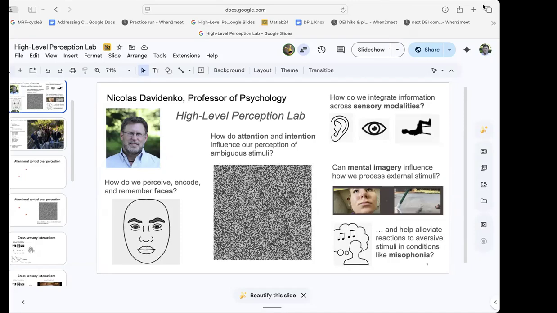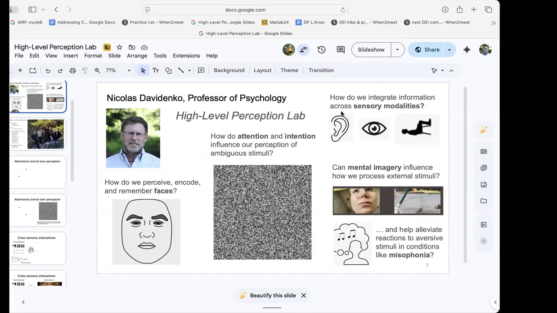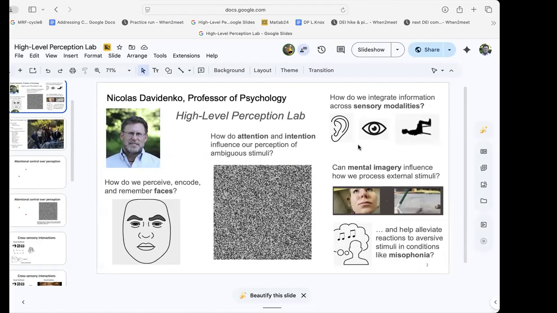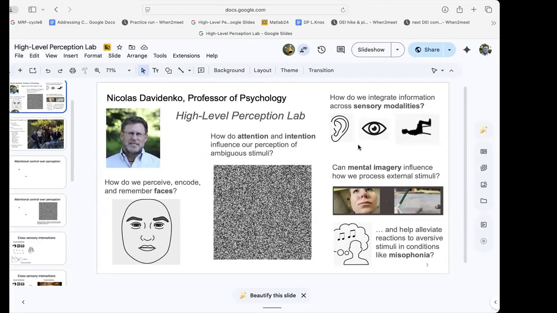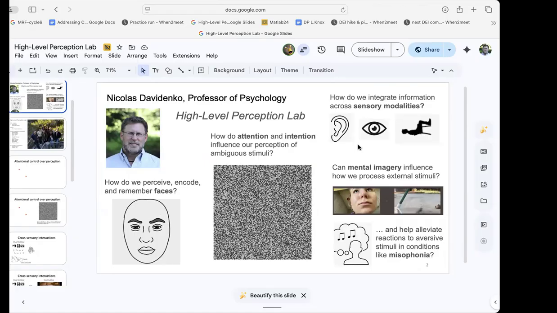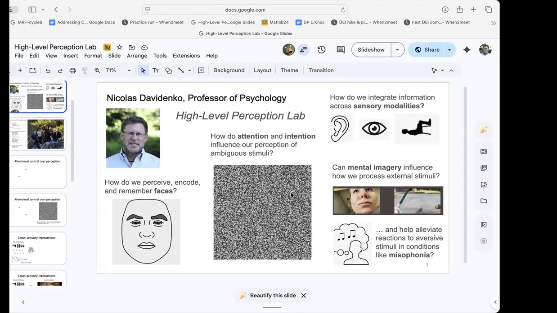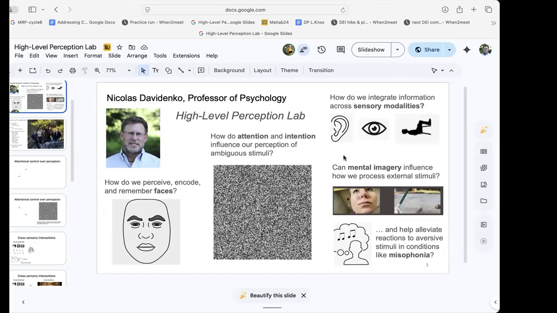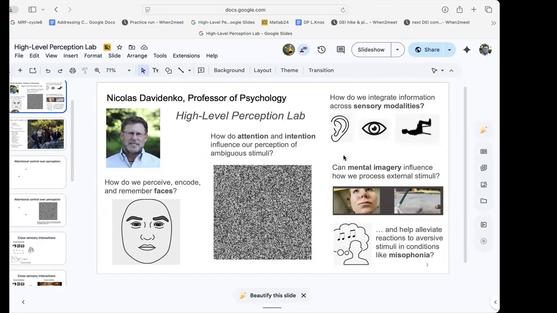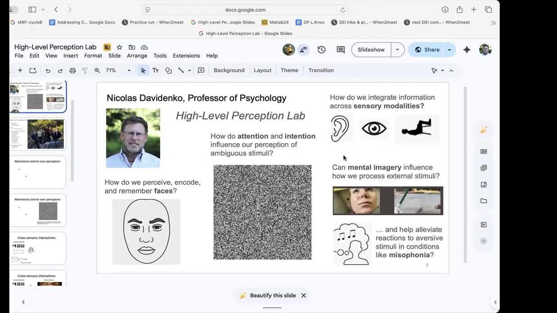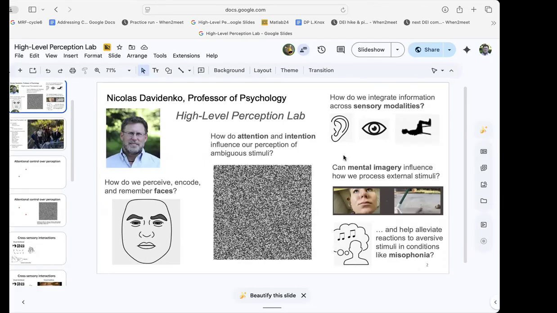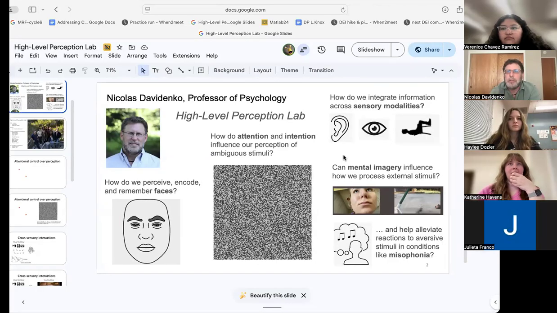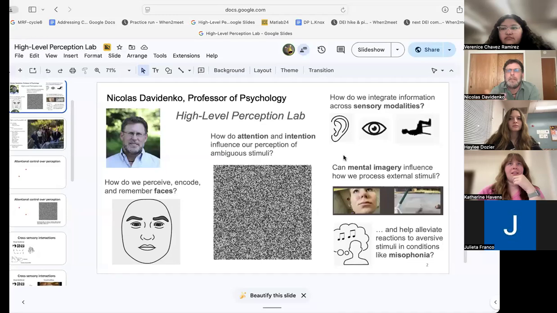So I'll move a little more quickly through the last couple of things. Another area of my research in my lab has to do with sensory integration. In the case of this motion and the faces, these are stimuli in the visual modality, but there are lots of processes where auditory information interacts with visual information, and other types of sensory information can interact, like vestibular information.